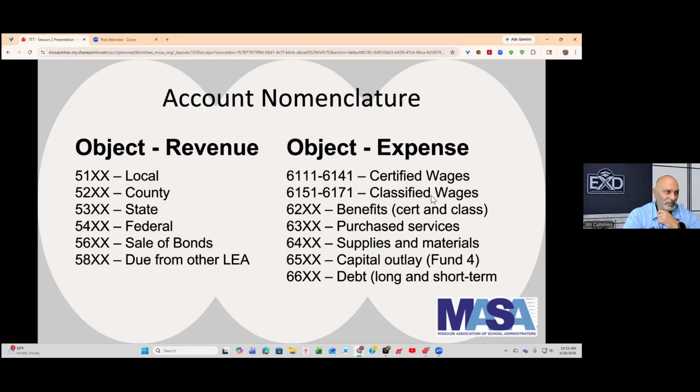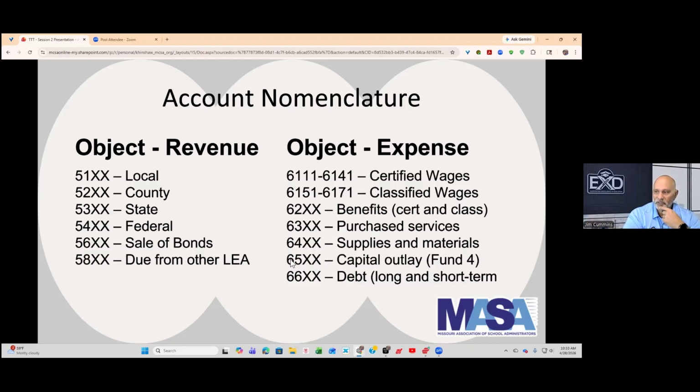Anything below 6150 is certified wages. Anything above 6150 is classified wages. And then you get into benefits, and you can sort benefits classified and certified by if it's in Fund 1 or Fund 2. If it's Fund 2, 6200, it's a benefit related to certified staff.